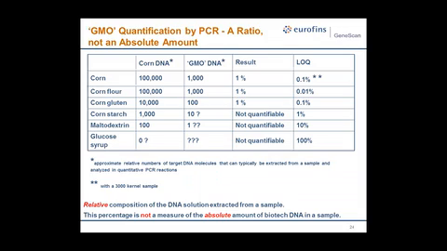So this slide talks about how processing a product can also affect the amount of DNA that's in it. If you start off with corn and you test for GM, you have a ton of corn DNA, a good amount of GM DNA, so that ratio of GM to donor DNA is very easy to do.